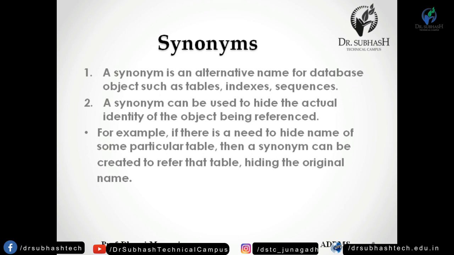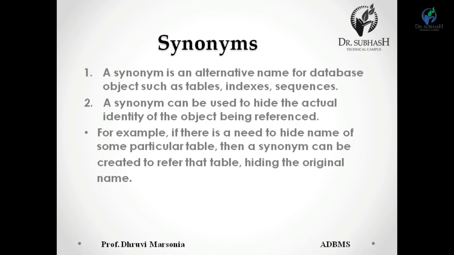Synonyms means an alternative name for database objects like a table, index and sequence. Synonyms can be used to hide the actual identity of the objects. Like, I want to hide the actual name of the table from another user, then I can hide it using a synonym.